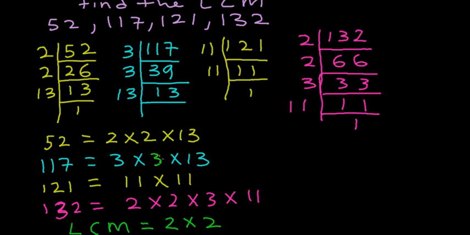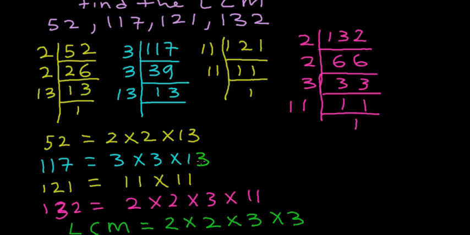We go to the next factor. We have 3 appearing 2 times here and just 1 time here. So we take the highest, which is 2, 3 appearing 2 times. That's 3 times 3.